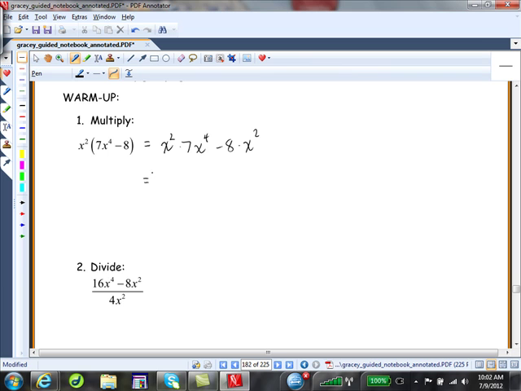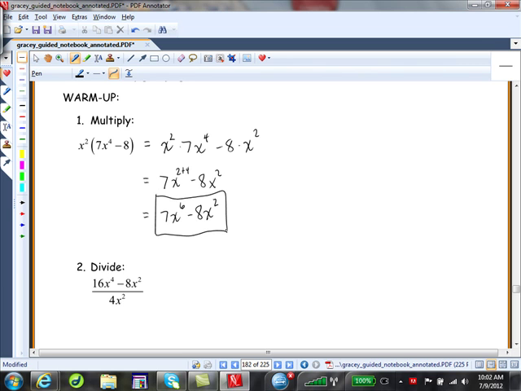This will yield a result of 7 times x to the 2 plus 4 minus 8x squared, which gives us 7x to the 6 minus 8x squared. Now when we're factoring out the GCF, we're going to start with something like what we just boxed, and we're going to write what we started with, the x squared times quantity 7x to the fourth minus 8.